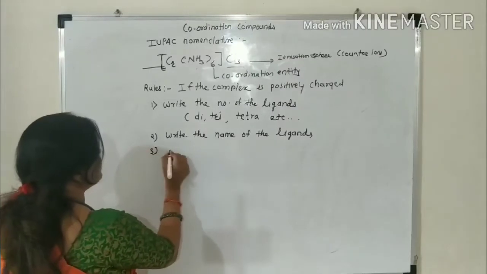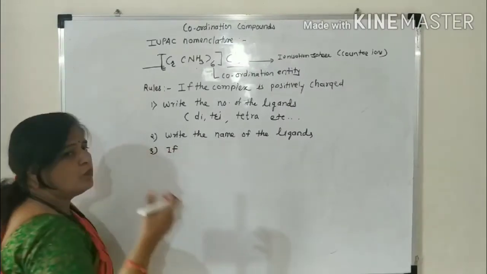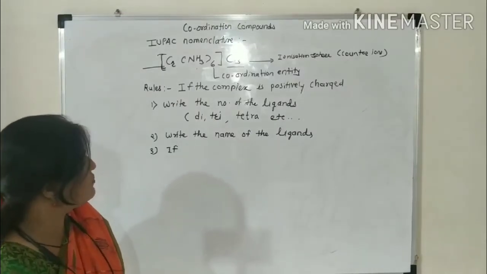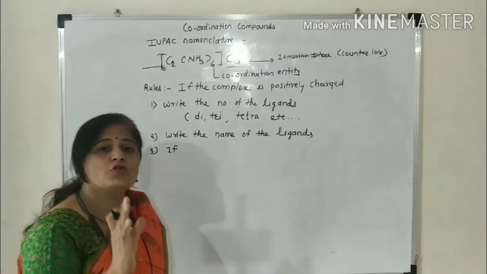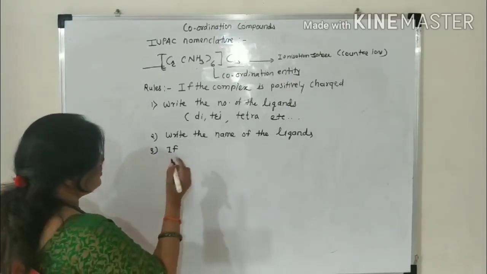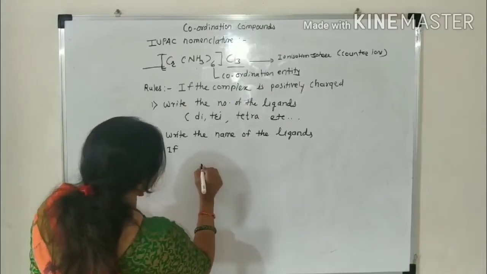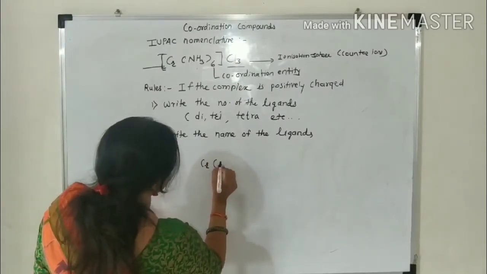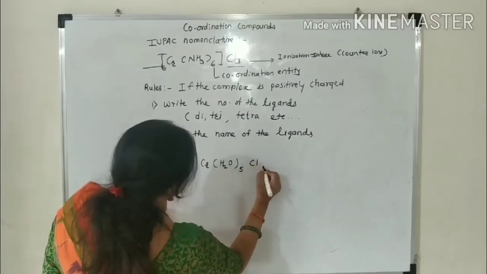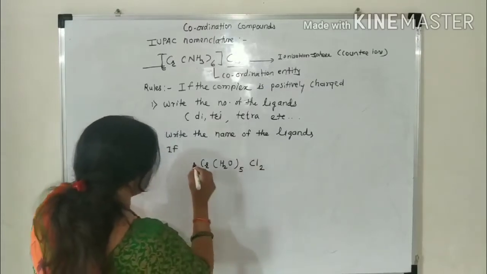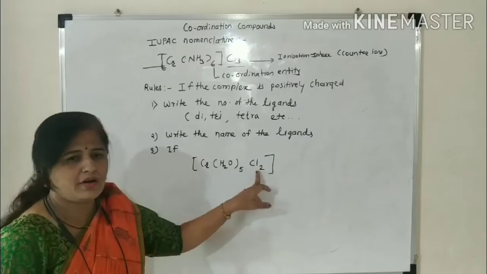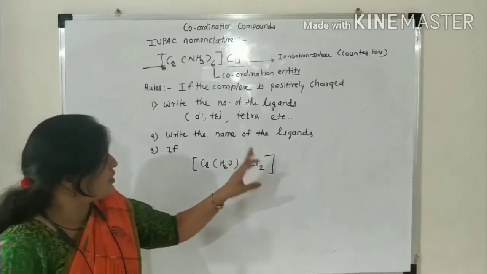Third, if more than one type of ligands are present, you should follow the alphabetical order. If here we have taken chromium, H2O 5 times and Cl 2 times, then more than one ligand is present.